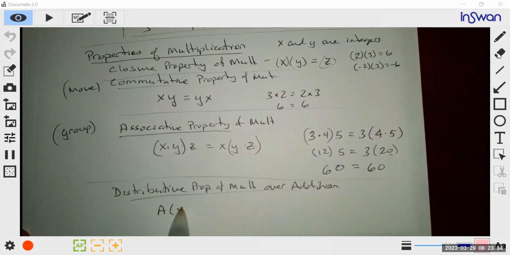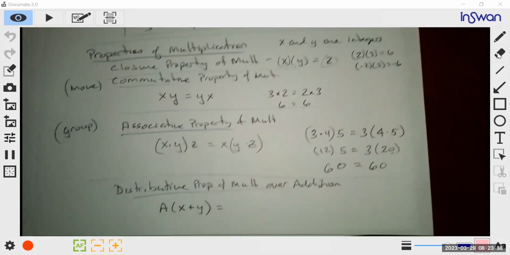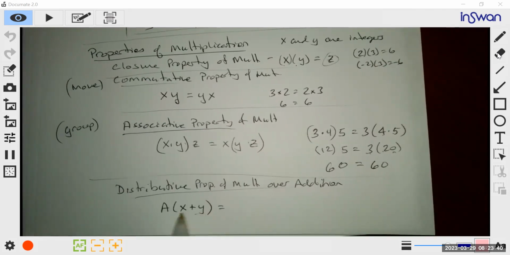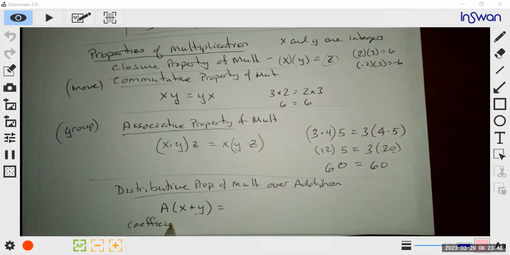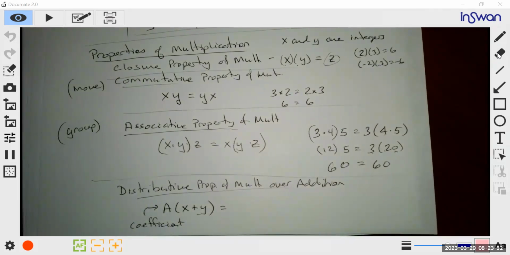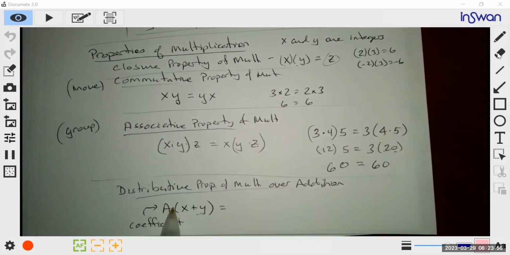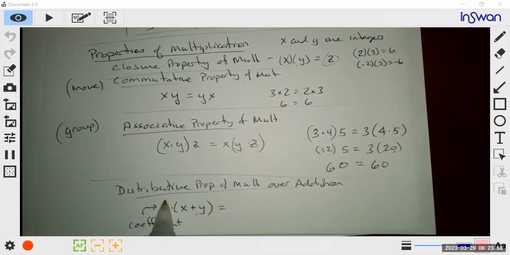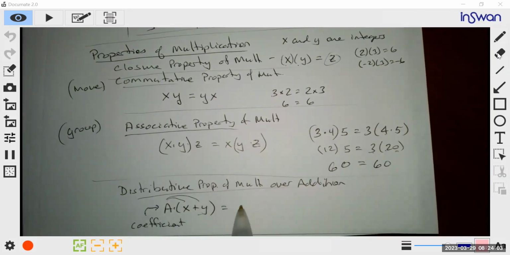What this tells us: if we have numbers or letters inside a parenthesis multiplied by a number in front, the number in front is called a coefficient. What this says, because it's a times x plus y, is that whatever's in front multiplies to whatever's inside the parentheses.